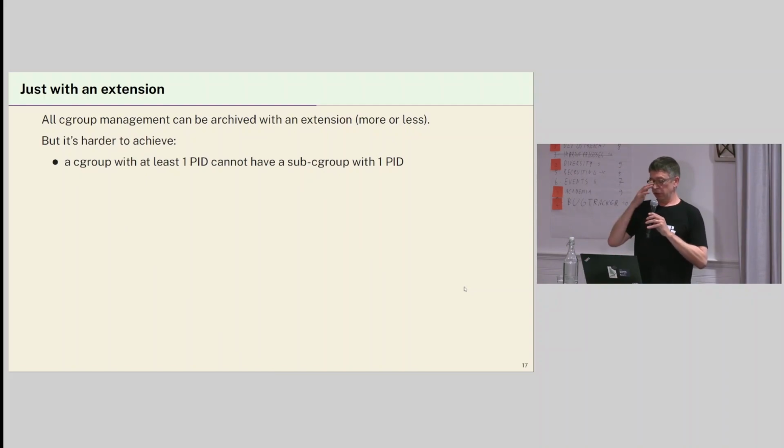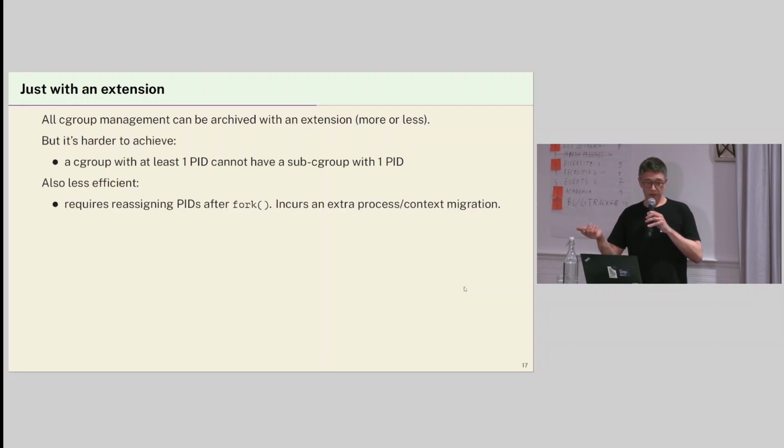So it will be much easier if we have a patch inside PostgreSQL, because when we want to create the first cgroup and we want to allocate PIDs, it's okay, but we cannot have a cgroup which has at the same time PIDs and subgroups with PIDs. So we need to address that when we start the server, or if we do that after the start, we need to reorganize every PID in order to be able to put the hierarchy we want. So it's more complex to do that after the fact. Doing that when PostgreSQL is starting is super easy.